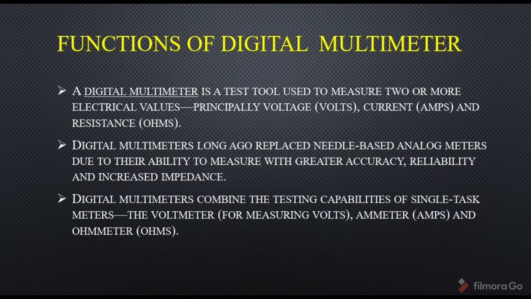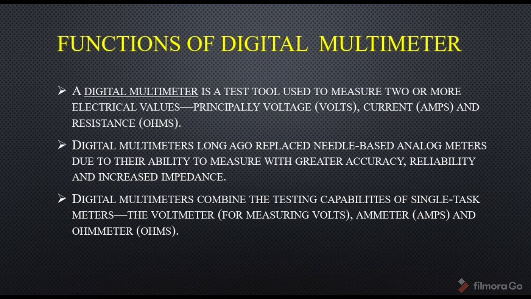Function of digital multimeter. First point. A digital multimeter is a test tool used to measure two or more electrical values, principally voltage measured in volts, current measured in amperes, and resistance measured in ohms.